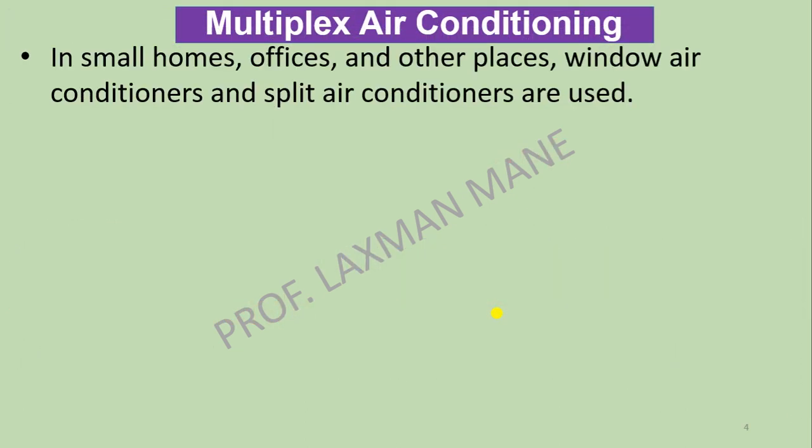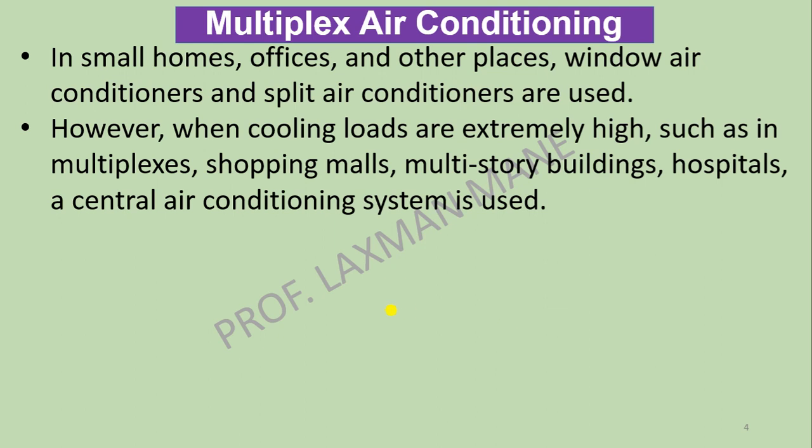In small homes, offices and other places, window air conditioners and split air conditioners are used. However, when cooling loads are extremely high, such as in multiplexes, shopping malls, multi-story buildings, hospitals, a central air conditioning system is used.